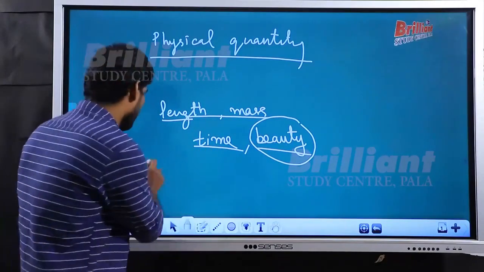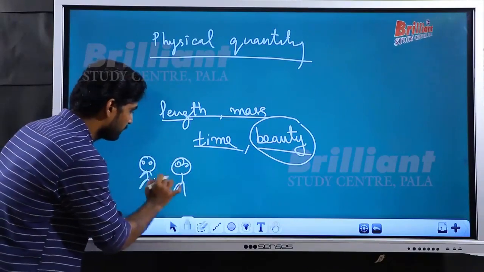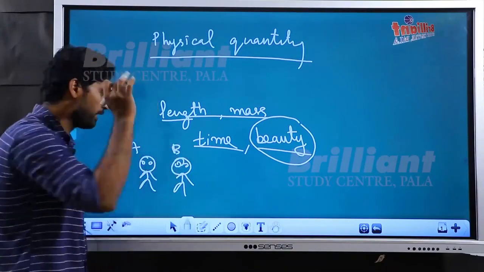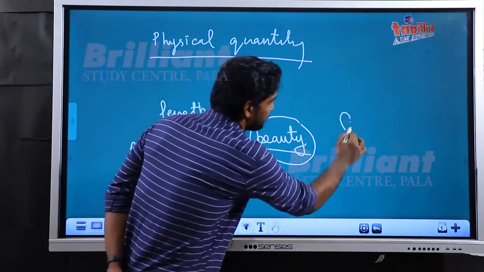If I have two observers A and B, let's consider two observers A and B, and I have a flower here.